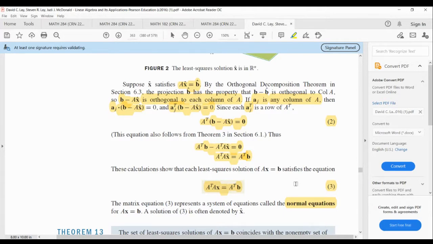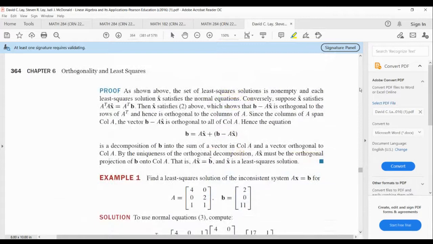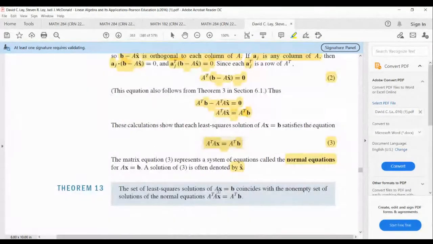But understand, if you solve the normal equations, A transpose A times x equals A transpose b, for x, you are finding a least squares solution. And that's what theorem 13 says.